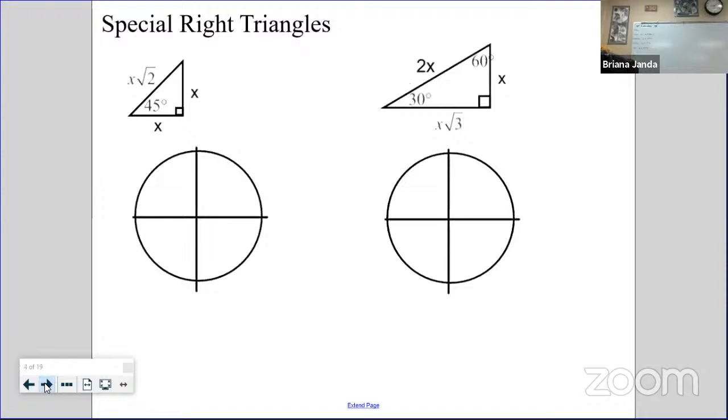By the end of today, I am going to give you 3 methods for how to memorize your unit circle. You are going to pick the method, and you have to pick a method. You're going to pick the method that you think is going to work best with your brain, and you're going to get really good at it. I will tell you the one that I prefer. It is not the one that works best for everyone.